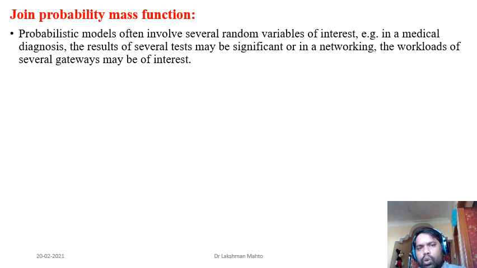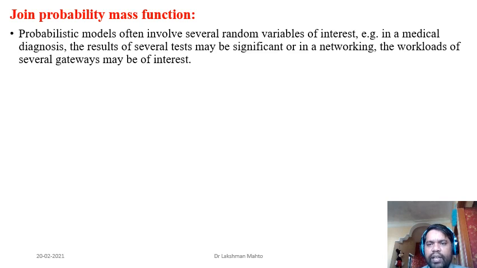After seeing the results of whatever tests the patient has gone through, the doctor tries to bring some significant conclusion, that the patient has this kind of disease, and to take this medicine, and you will be fine. So in a single experiment like medical diagnosis, several random variables come in together. This is one motivation to study the joint probability mass function.